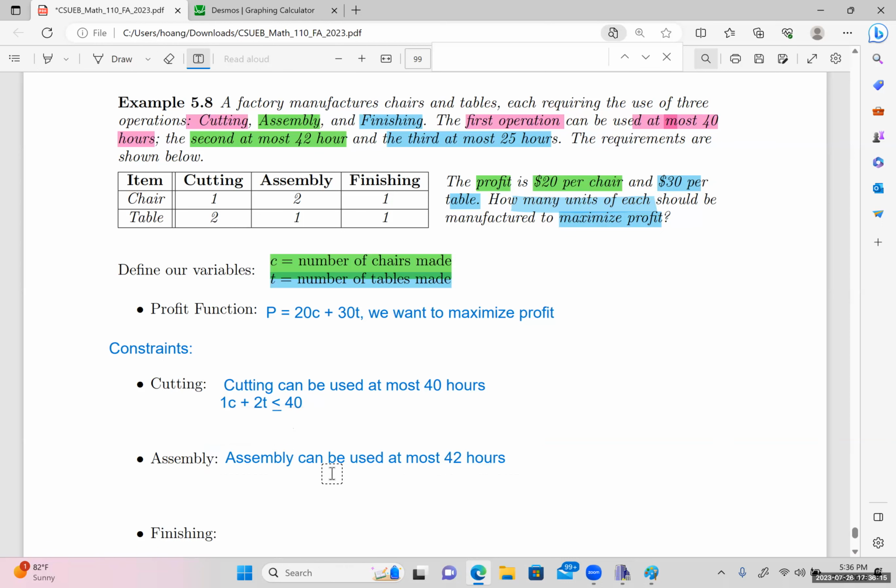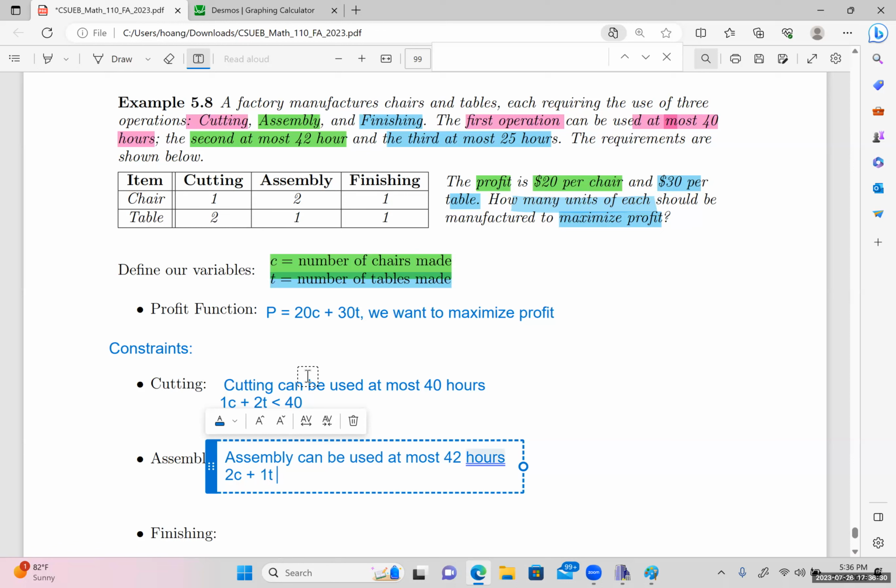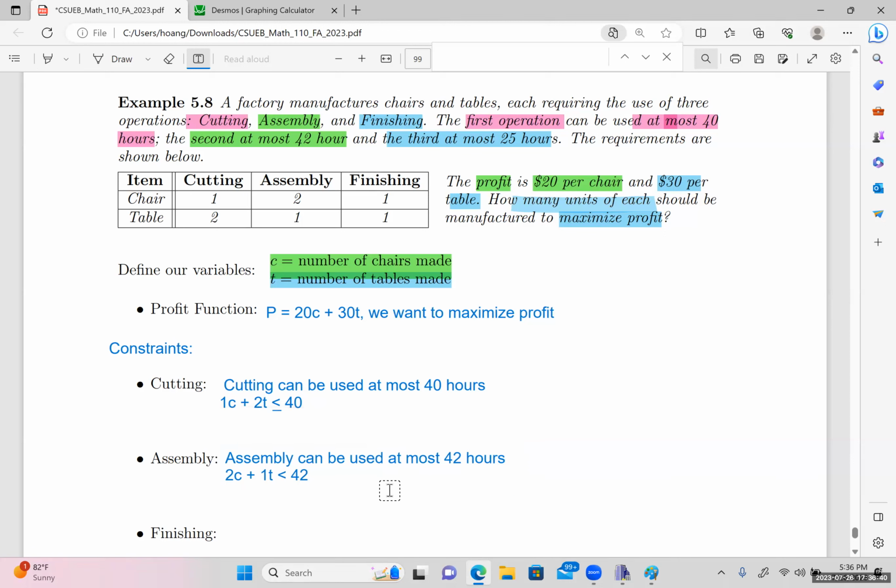So that means what? According to assembly here, I have 2 hours for each chair, right? And 1 hour for each table, right? And then less than 42 hours. That's my equal.